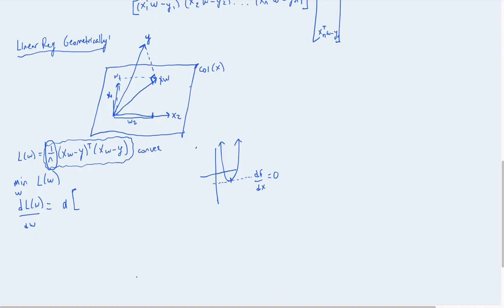It's just a constant, it doesn't actually change the optimal W. So let's just drop that, and we'll say that we're taking the derivative of (xw minus y) transpose, (xw minus y), again without the 1 over n.